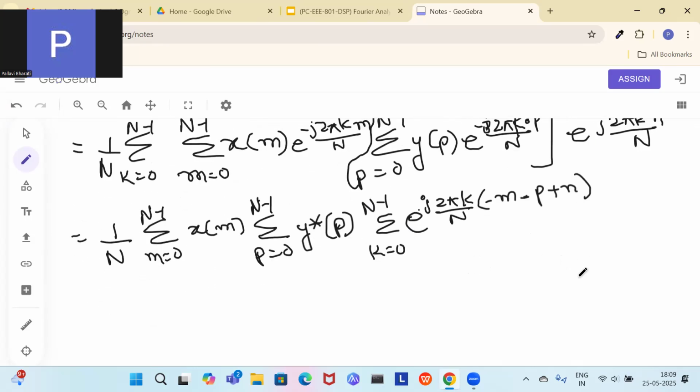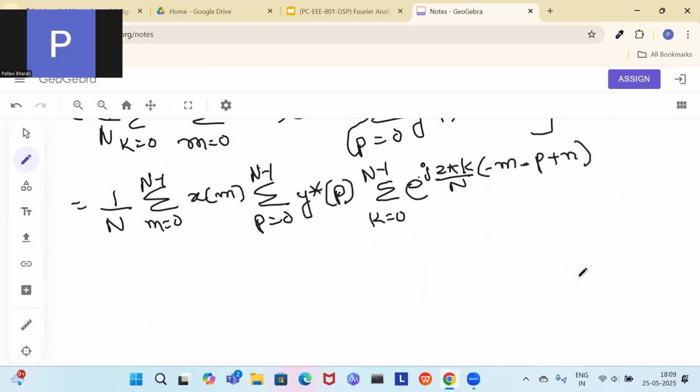Now if you see this part, let n minus m minus p be equal to an integral multiple of N, so I'm writing it as qN. So what will happen here? 1 by N is going to remain as it is. Sum over m equals 0 to N minus 1, x of m, this is going to remain as it is.